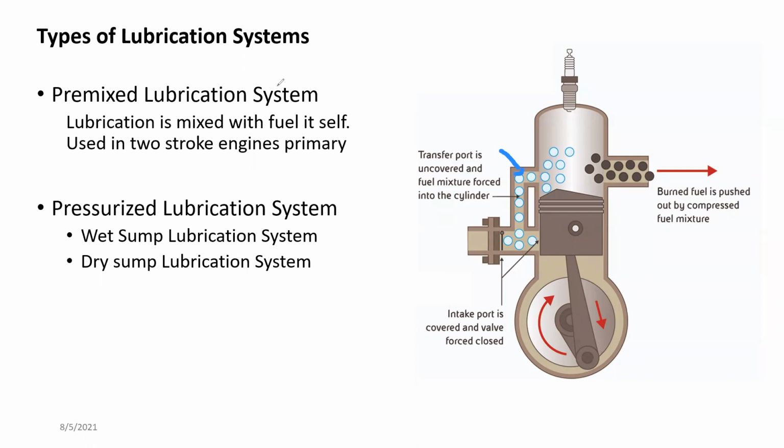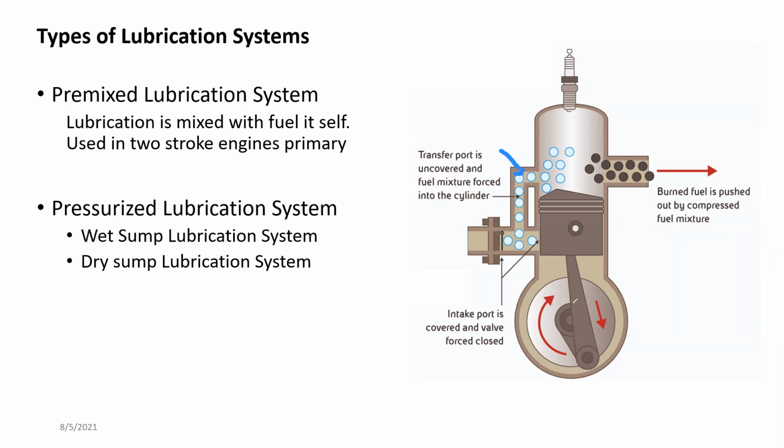The pre-mixed lubrication system does not use pressure to lubricate the system. It is mostly used for smaller engines and two-stroke engines, right? In two-stroke bike engine applications, the crankshaft and connecting pins do not need that much lubrication, the reason being these are using ball bearings.